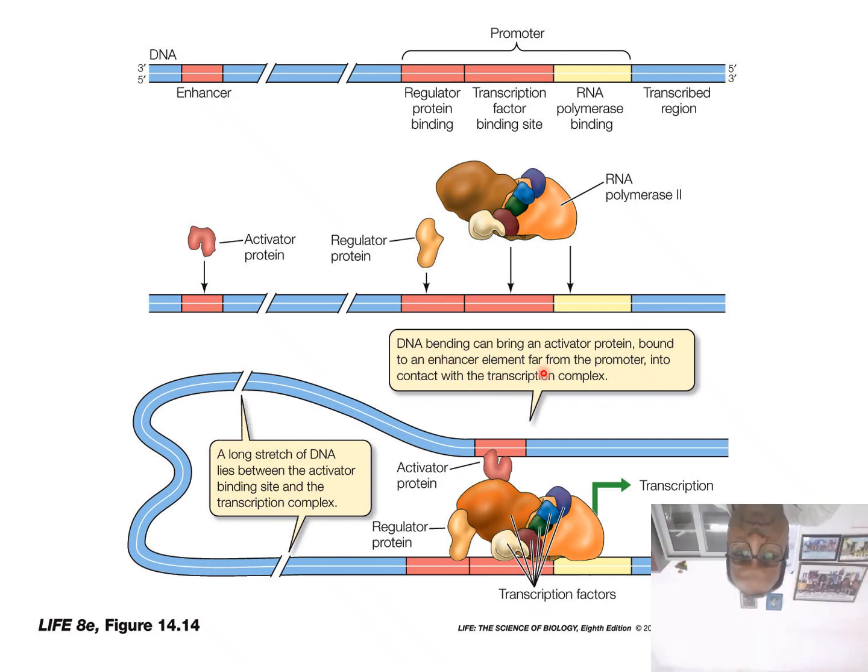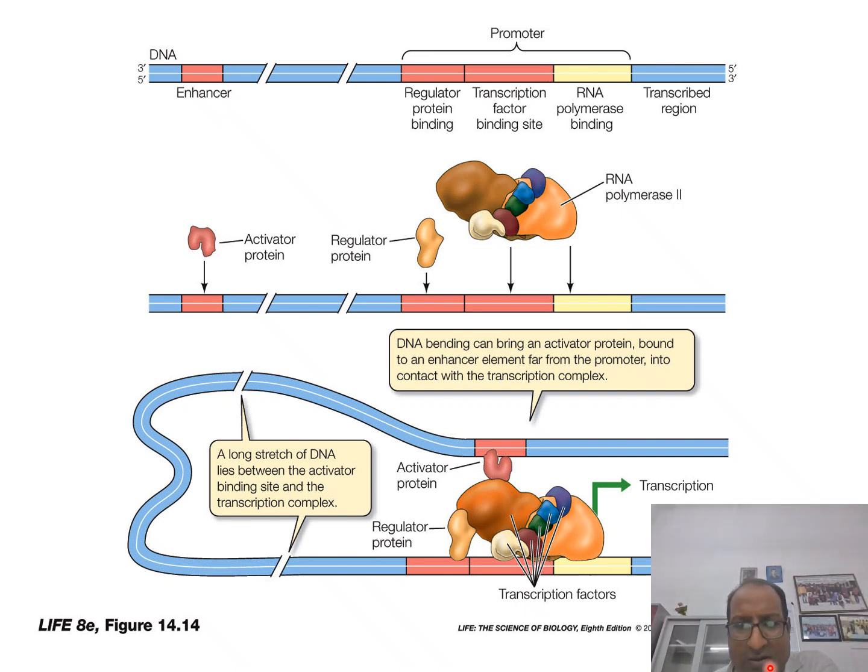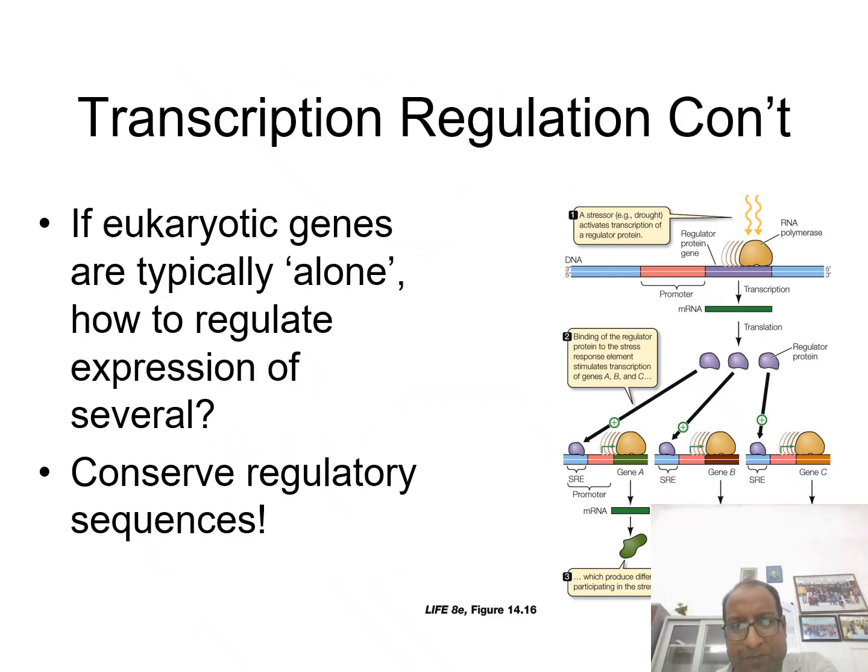DNA bending brings the activator protein bound to the enhancer element, far from the promoter, into contact with the transcription factors. And once the transcription factors, enhancer, and activator proteins are bound, then the transcription goes on. So the expression in eukaryotes is quite complex.